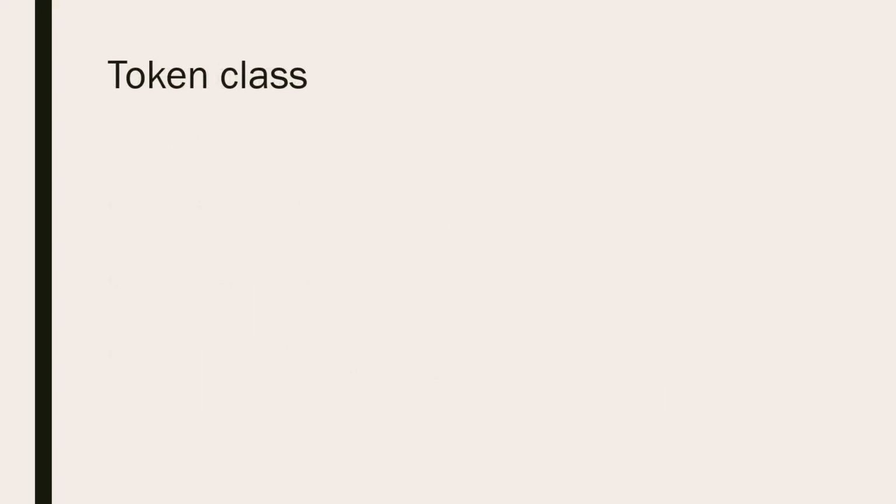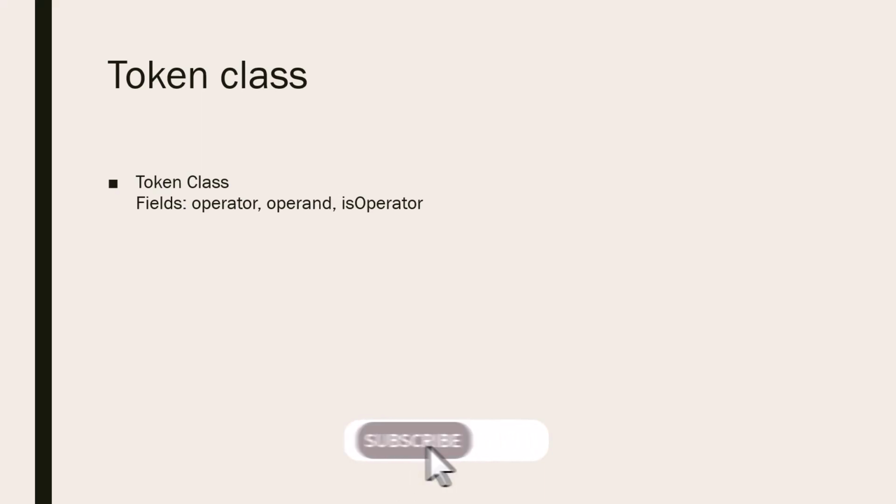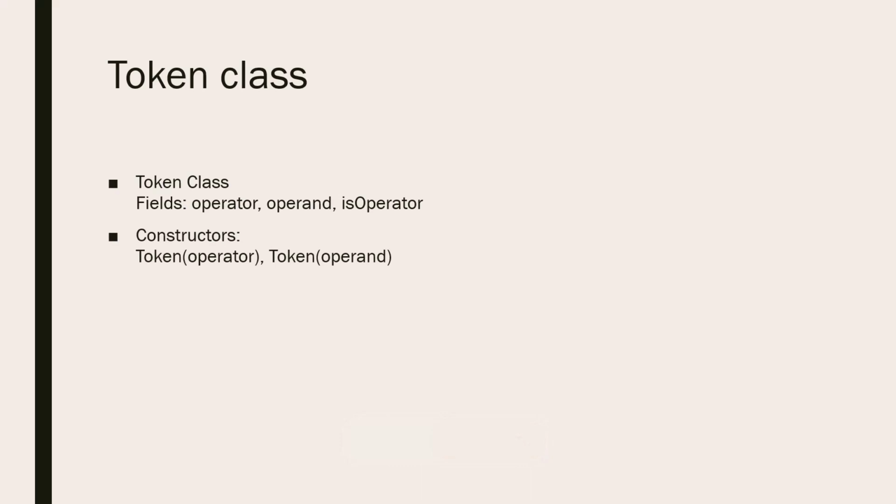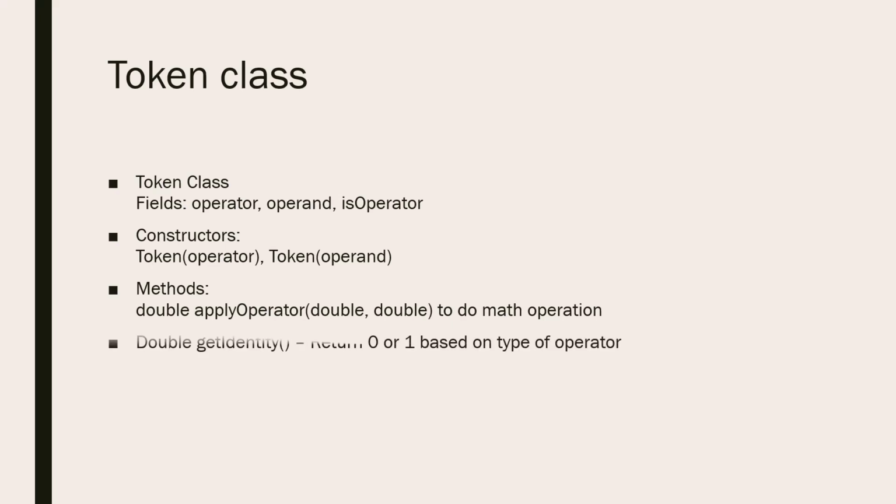Now the agenda. I am going to implement 2 classes. Number 1 is the token class and the second is the expression evaluator class. In the token class, we will have these 3 fields: operator, operand, is operator. Two constructors: one takes an operand and the other takes an operator. For the methods, apply operator will compute the arithmetic operation; it takes 2 operands and returns the result of the operation.